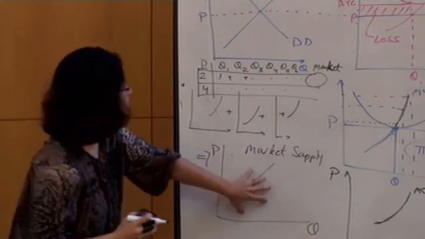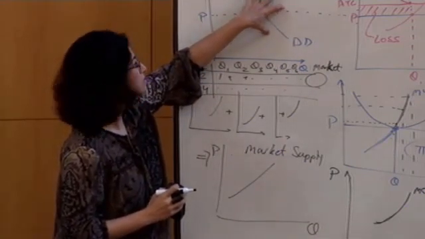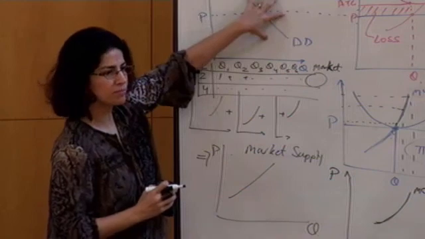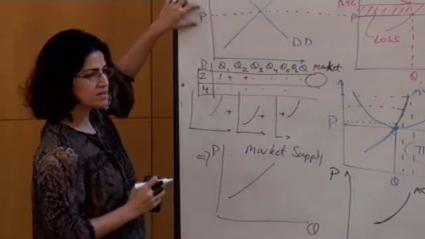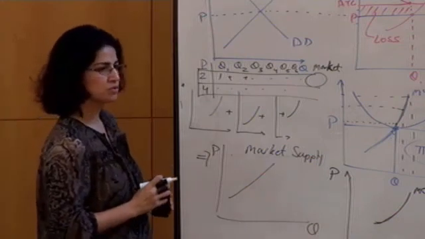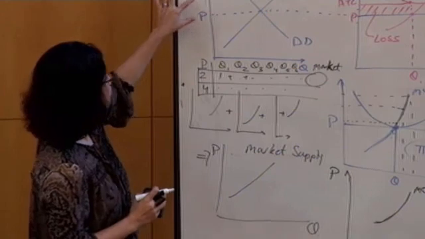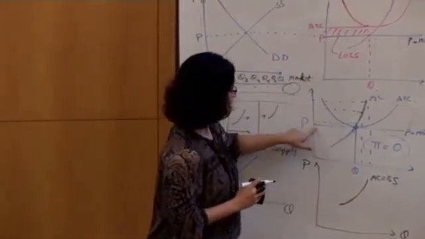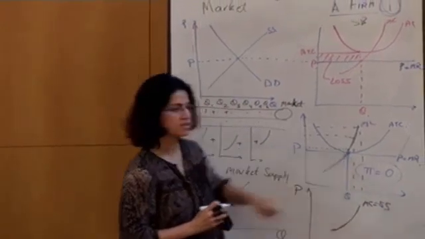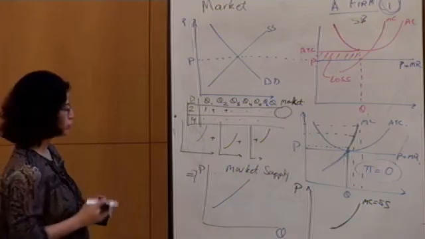Then that market supply is the one in the market equilibrium, and you have the equilibrium price, and that gives you the equilibrium conditions in the market. The price in the market is the one that the firms now take as given and maximize their profits by producing where marginal revenue equals marginal cost.